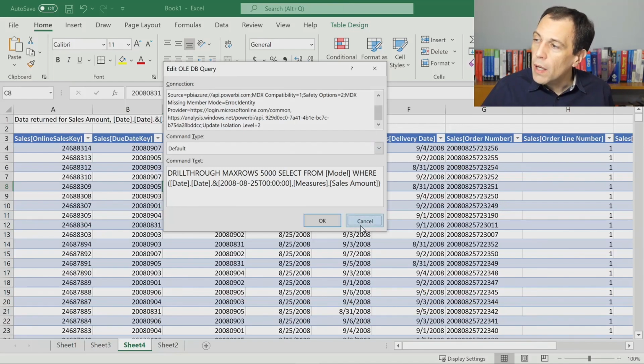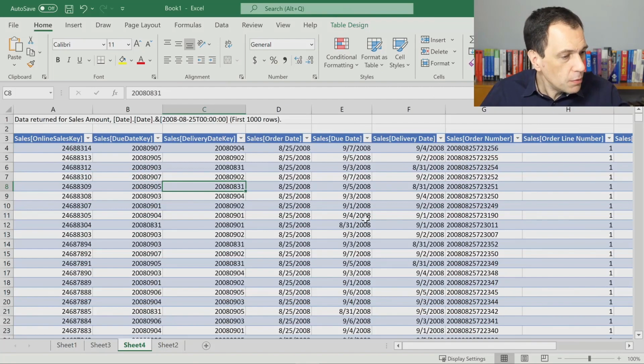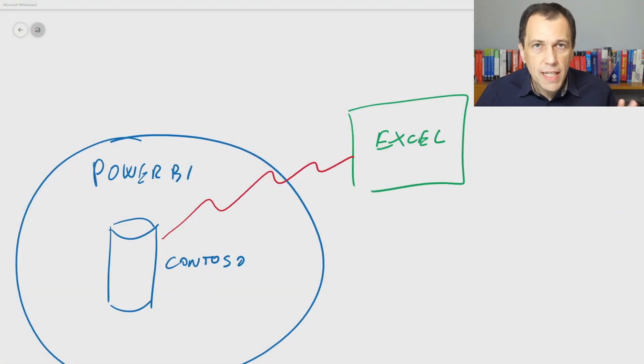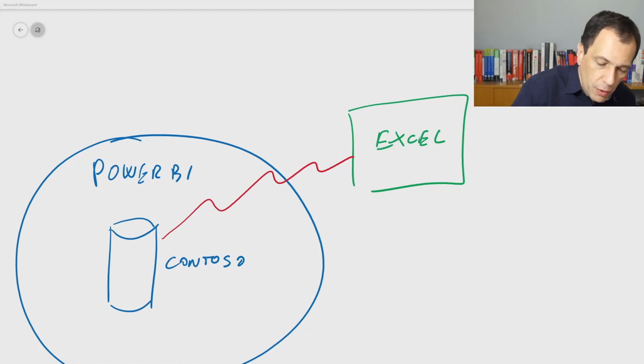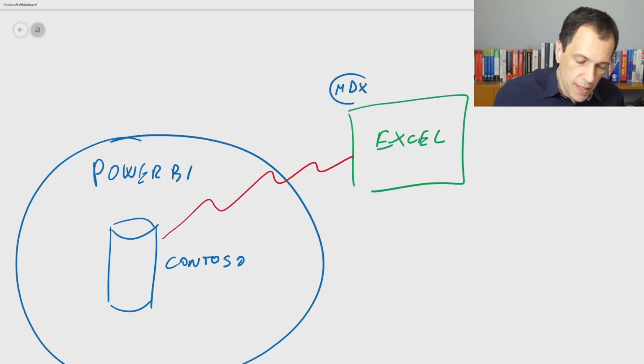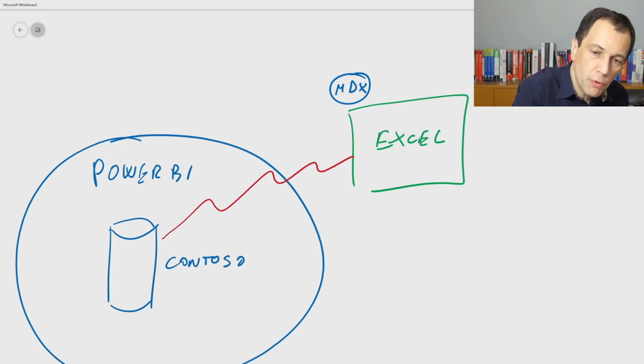So the idea, let me go back to the whiteboard for a second. The idea is the following. Now we have an MDX query generated by Excel. What I want to do is get rid of this and replace it with a DAX query.